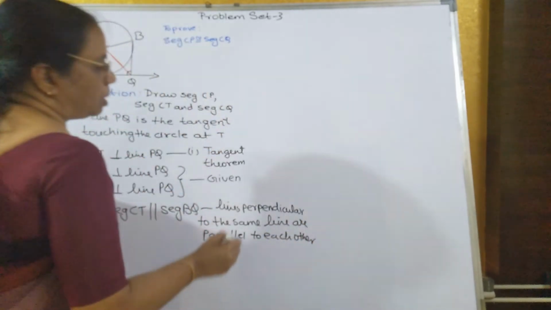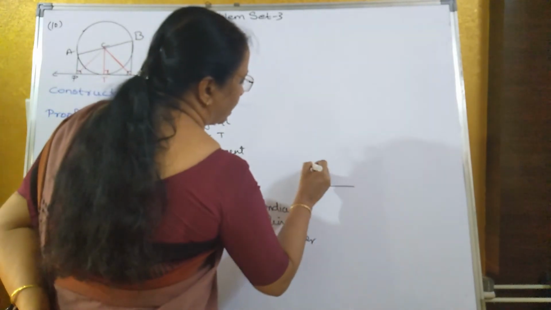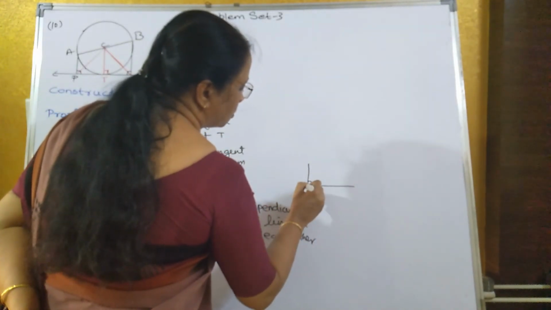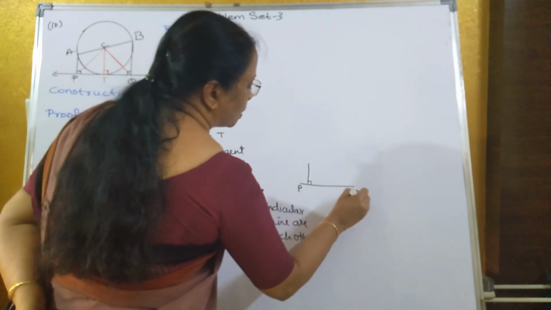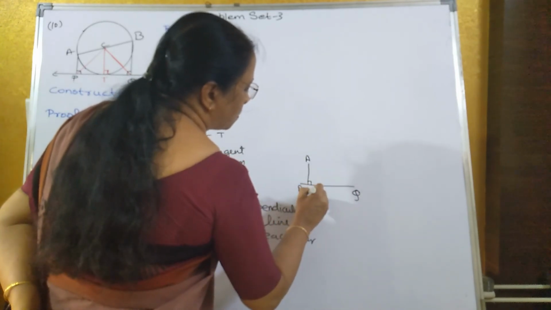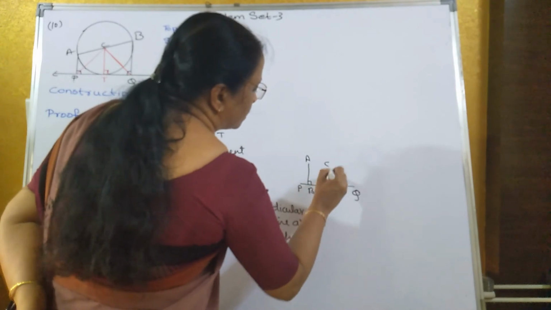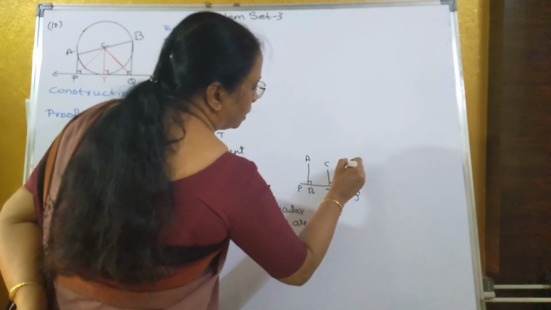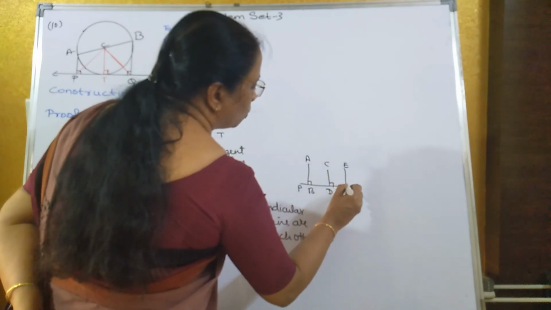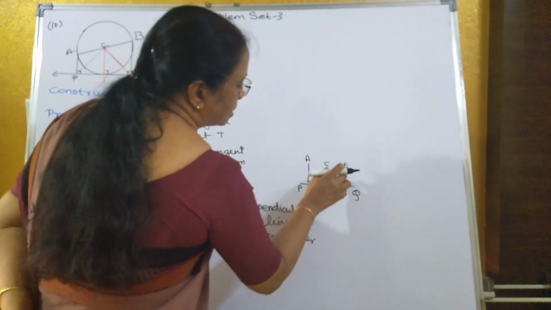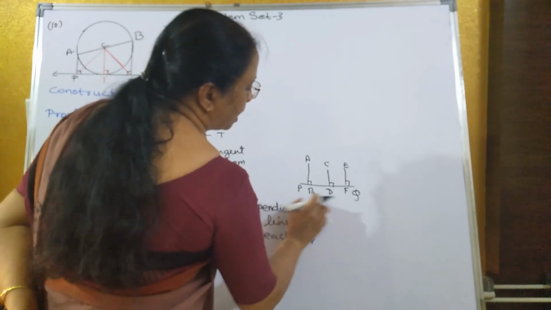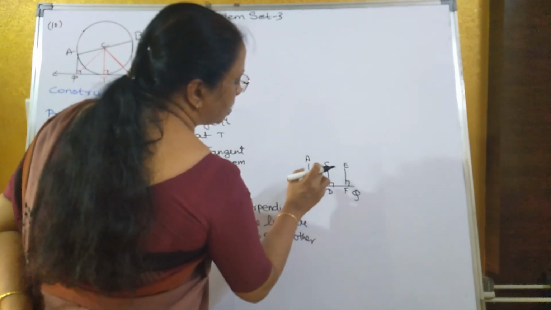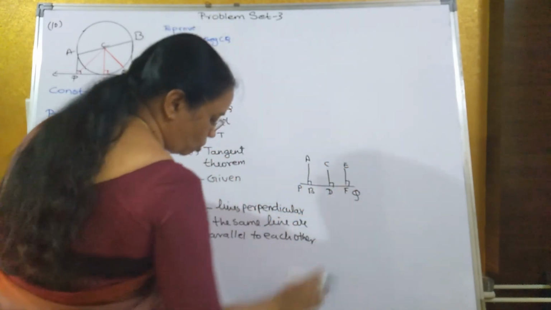What is the meaning of this? If there is a line PQ, and AB is perpendicular to PQ, CD is perpendicular to PQ, EF is perpendicular to PQ, so if all the lines are perpendicular to the same line PQ, then AB is parallel to CD is parallel to EF.